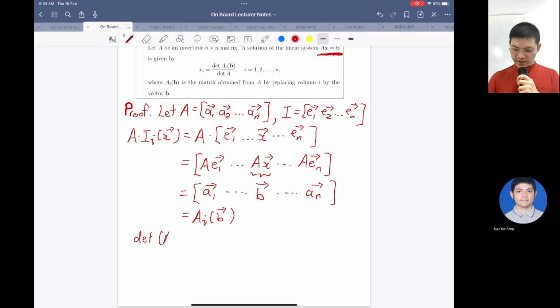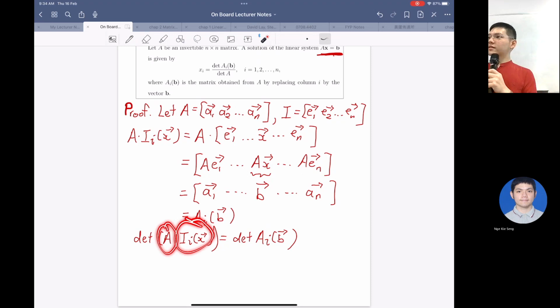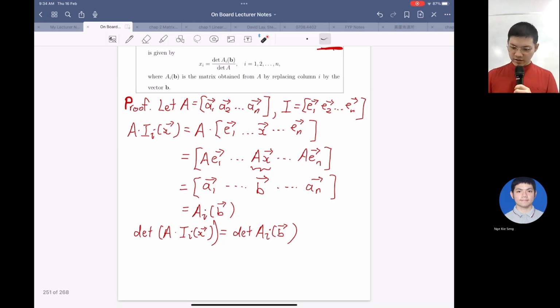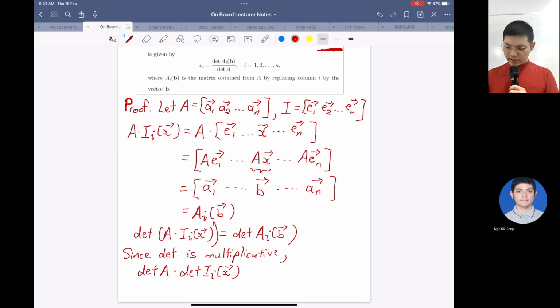We get the determinant of A times I_i(x) equals the determinant of A_i(b). Because the determinant is multiplicative, we can split it: determinant of A times determinant of I_i(x) equals determinant of A_i(b). Just now we discussed that the determinant of I_i(x) is equal to x_i.